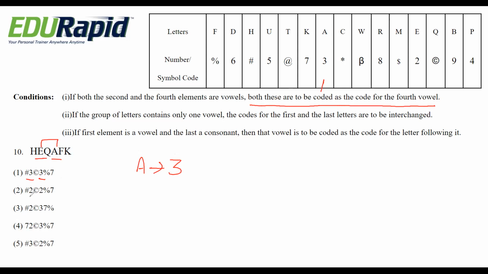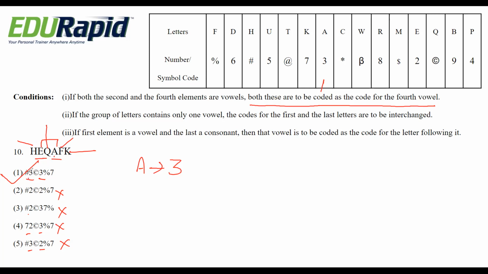So in option 2, it is coded as 2, does not follow. And here 2, 3 does not follow. Here also 2, 3 does not follow. Here 3, 2 does not follow. So here only one possible way, that is option 1. Straightaway you have to put option 1 as the right answer. So no need to waste time on the code for H, Q, F, and K. It is a waste of time.